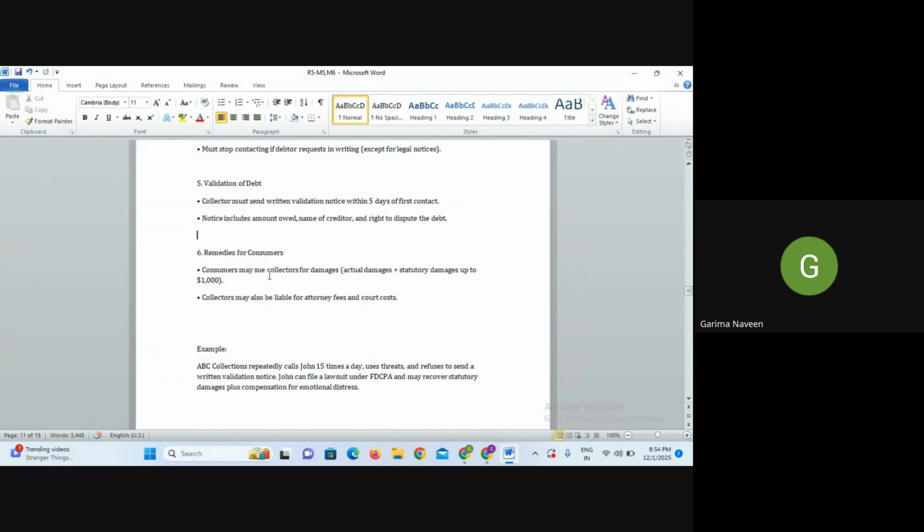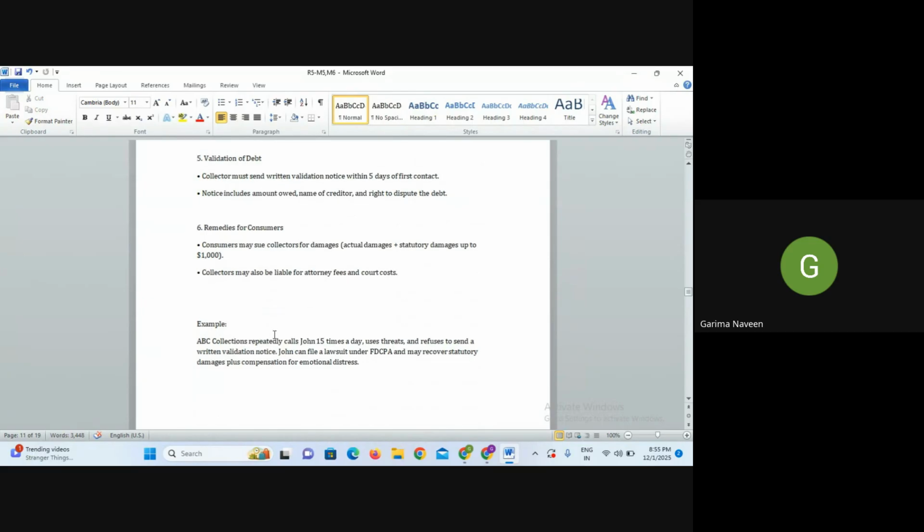Remedies for the consumer here. The consumer may sue the collector for damages.